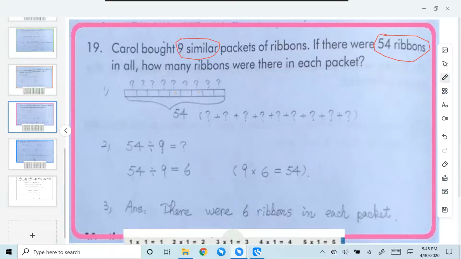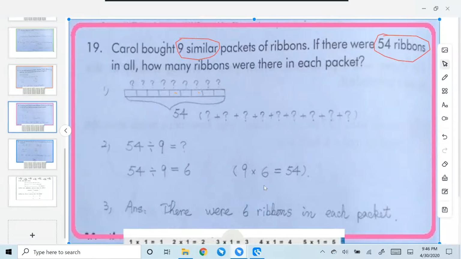Number 1, we draw a diagram. 1 group, 2 groups, 3 groups, 4 groups, 5 groups, 6 groups, 7 groups, 8 groups, 9 groups. Total amount 54.